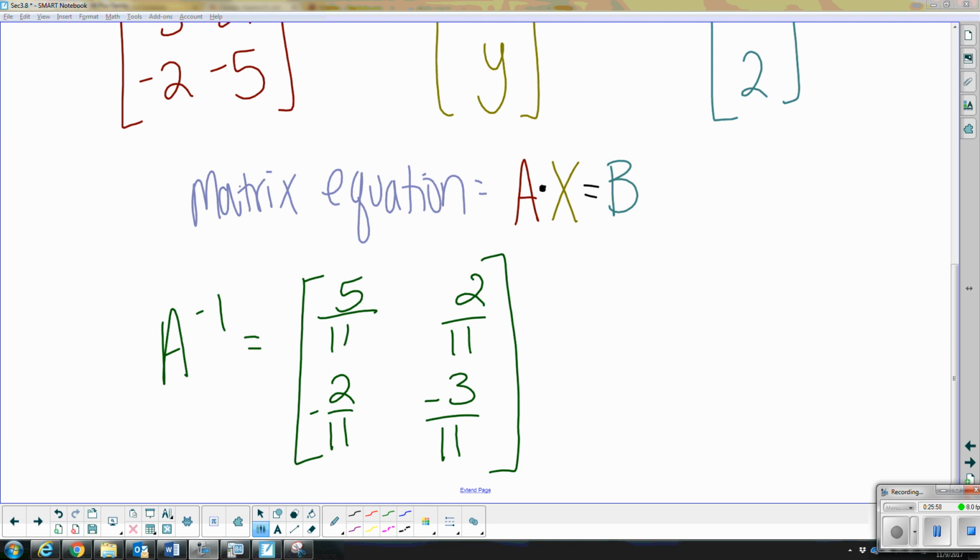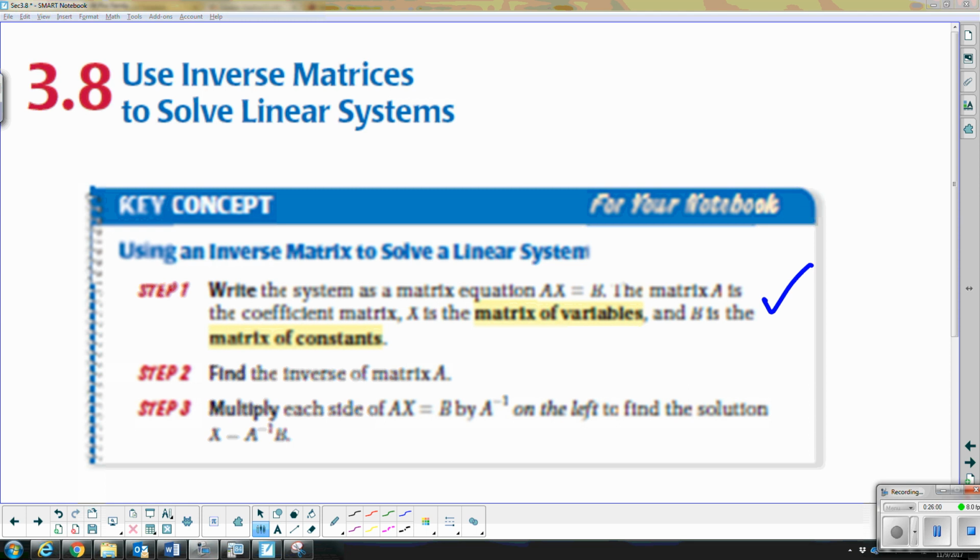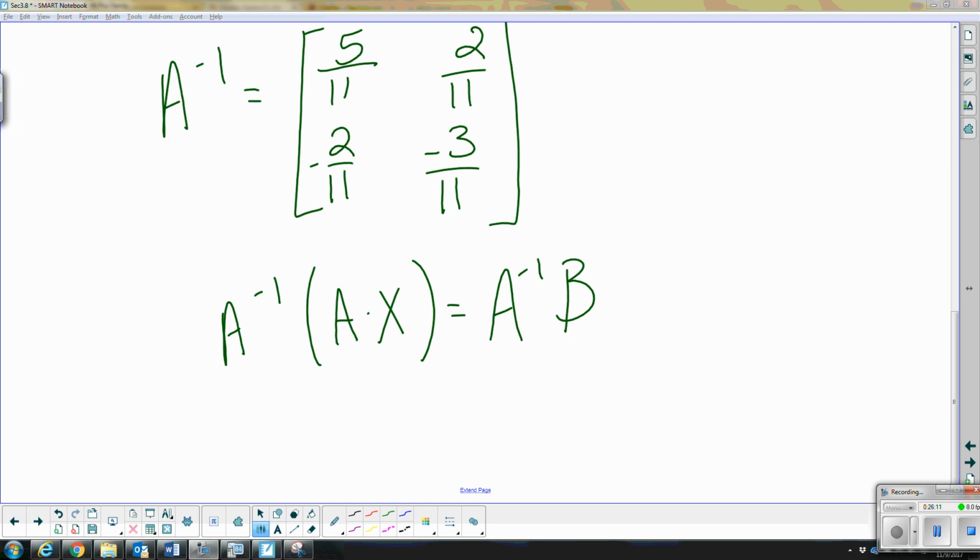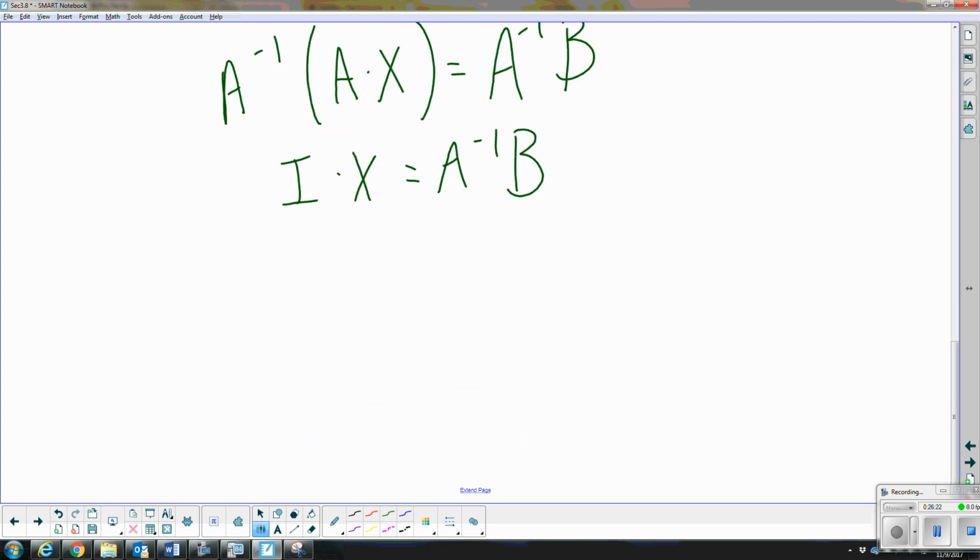And then you are on your last step. Our next step is to multiply each side of our matrix equation by the inverse. And again, when you multiply the left side, you get the identity matrix times X equals the inverse of A times B. Remember, the identity matrix times X is just X. So that equals A to the negative 1 times B, or the inverse of A times B. So your next step is to actually compute the inverse of A times B, and you can use your calculator.